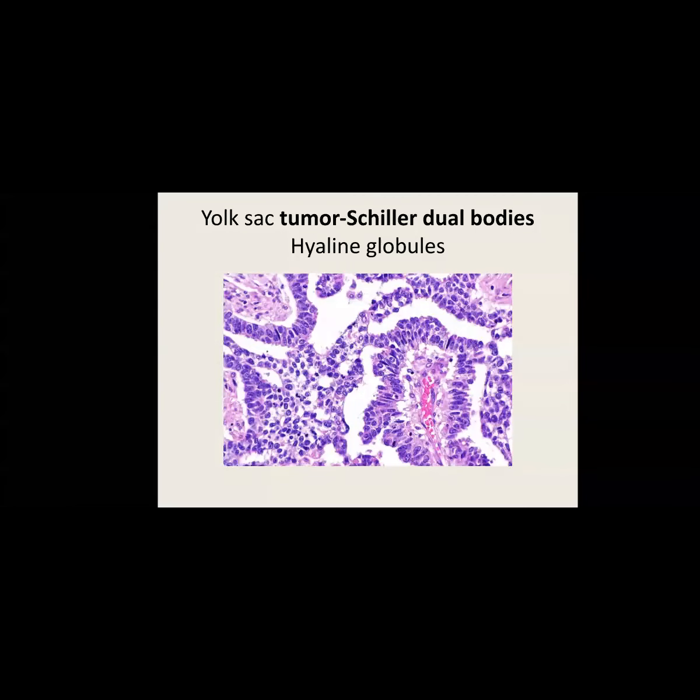This gives rise to a glomeruloid-like appearance. And you will also find the hyaline globules, which are pink eosinophilic bodies. So when you suspect a yolk sac tumor, you have to correlate with the age and the gross finding, and search for the hyaline globules and the Schiller-Duval bodies.